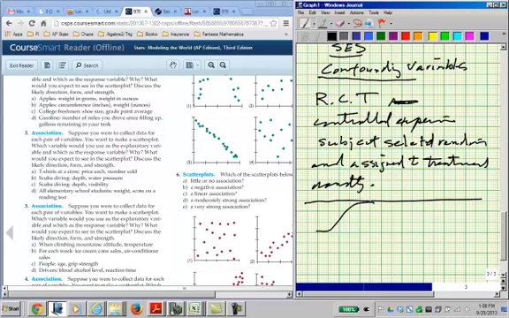I think depth and visibility is nonlinear, but I'm not sure. You can look those up in your science department. D, all elementary school students, weight and score on a reading test. Okay, we would assume there's no correlation whatsoever. Again, weight would probably be the explanatory variable, and score would be the consequential variable. But I would not expect there to be any relationship, so the scatter plot would look random.